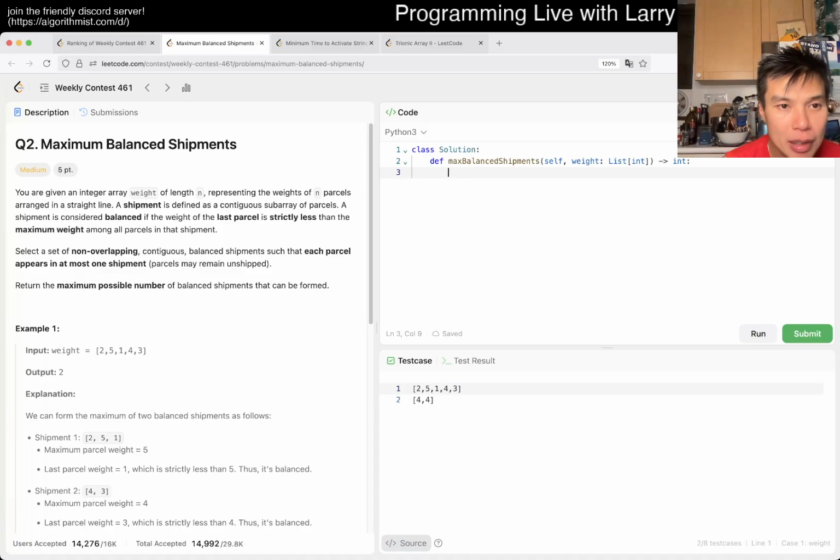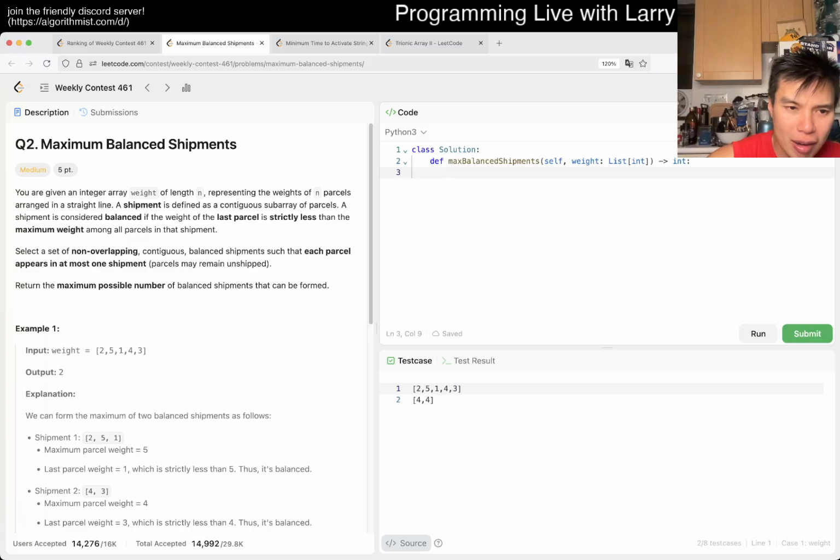All right, maximum balance shipment. Okay, you have n parcels in a straight line. A shipment is a contiguous subarray of parcels. Okay, if the last parcel is strictly less than the maximum weight amongst all parcels in that shipment.